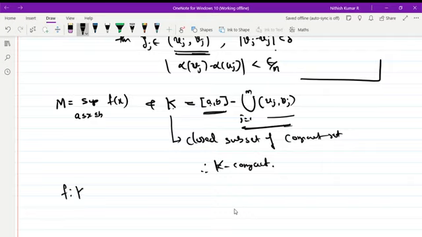Now I am restricting the domain to K in which I have removed the open intervals (uj, vj). Now (uj, vj) contains the point yj. At yj f is discontinuous, but when I restrict the function f to the domain K, then f is continuous.